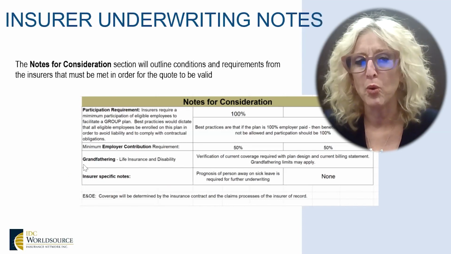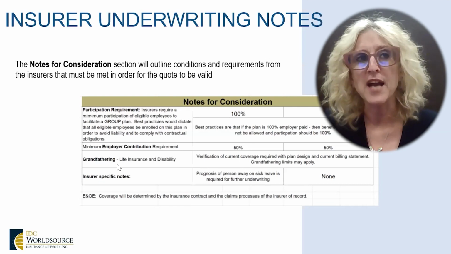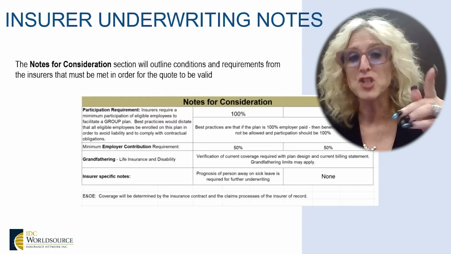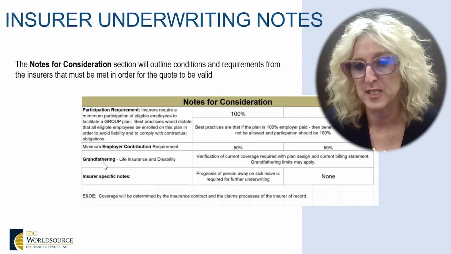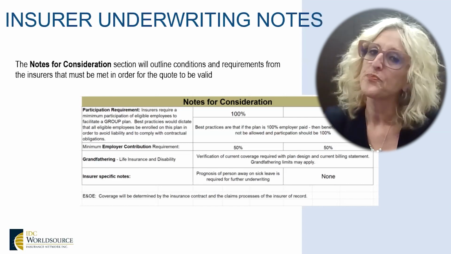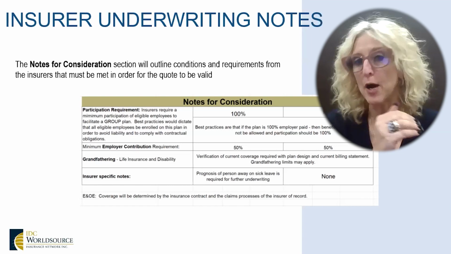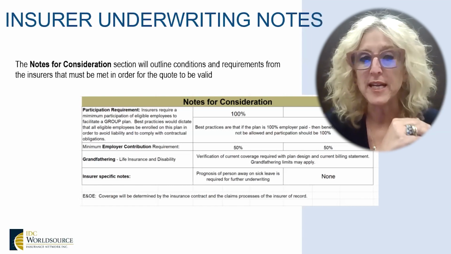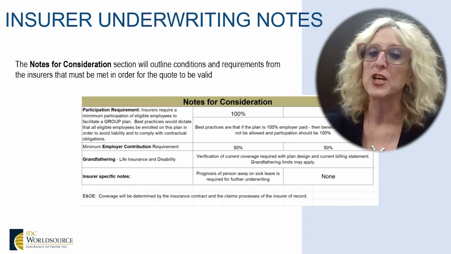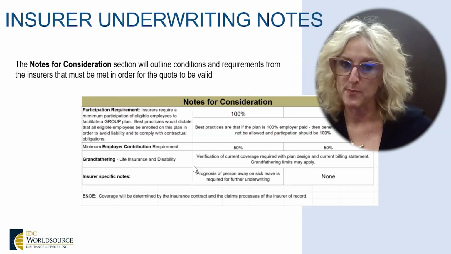Another area that you want to make sure that you're highlighting just more as a credibility piece to differentiate yourself in the marketplace is the grandfathering of life and disability. So if we're working on a case with you that they currently have benefits and there is long-term disability, or maybe it's life insurance that is tied to your salary, you want to make sure that things like that are grandfathered, especially if there's not evidence maximums.